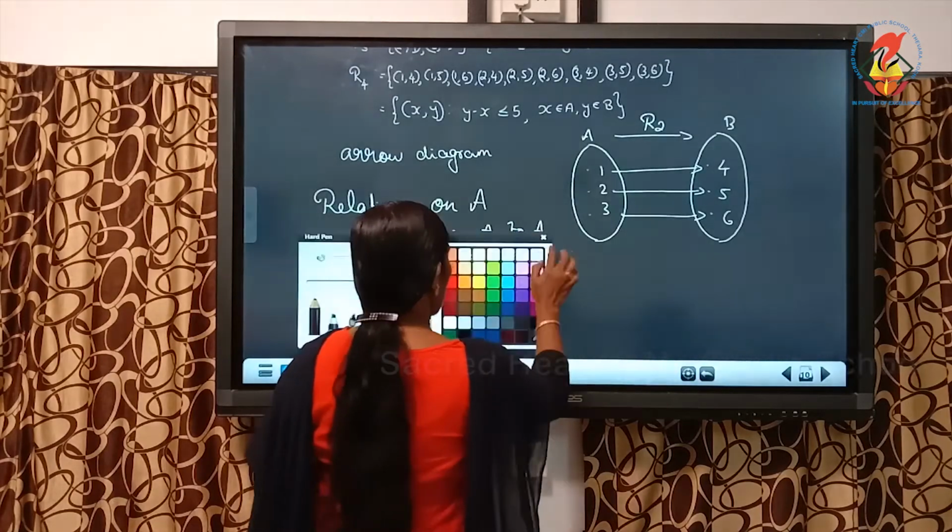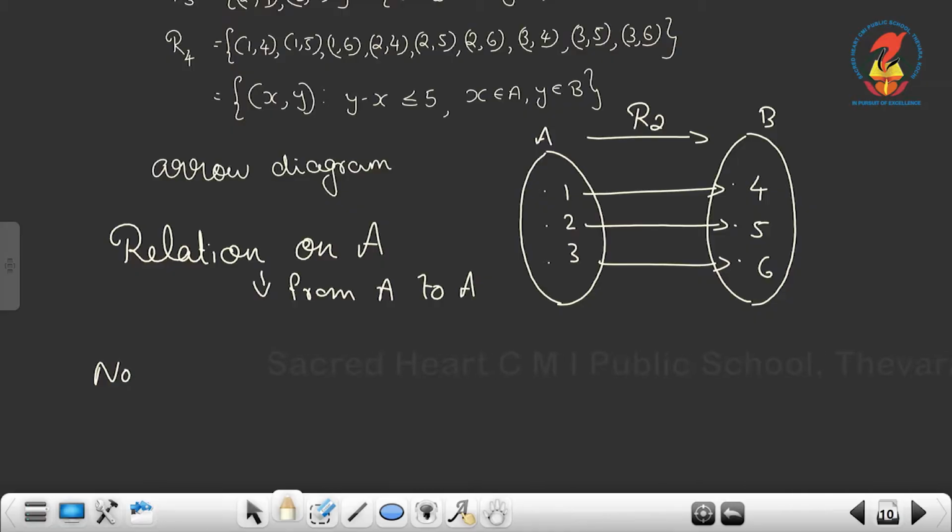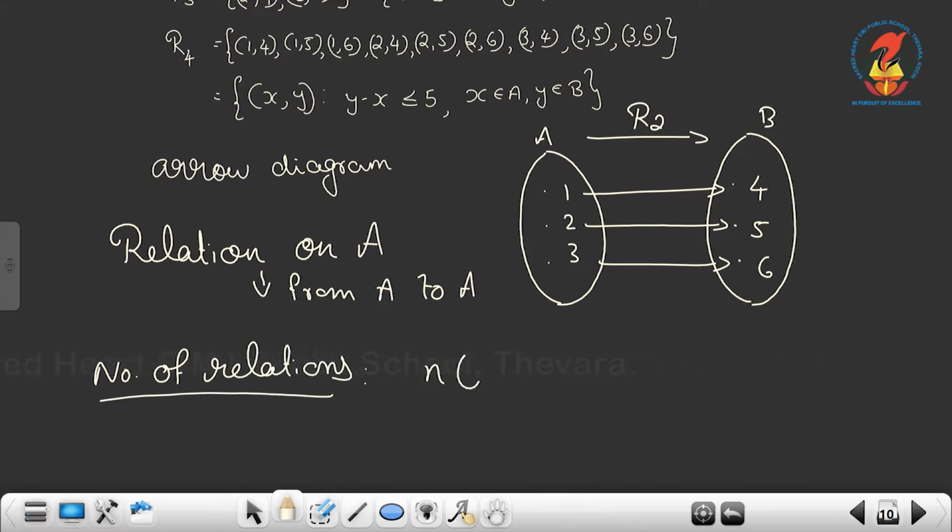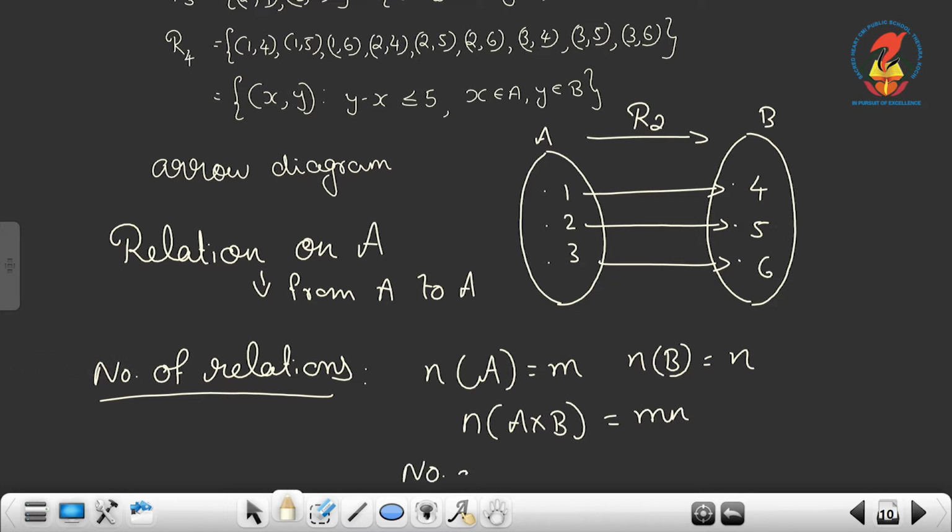Then we can generalize the number of relations. Okay. If number of elements in A is equal to m, number of elements in B is equal to n, then number of elements in A cross B is equal to mn, then number of subsets of A cross B is equal to 2 raised to mn.